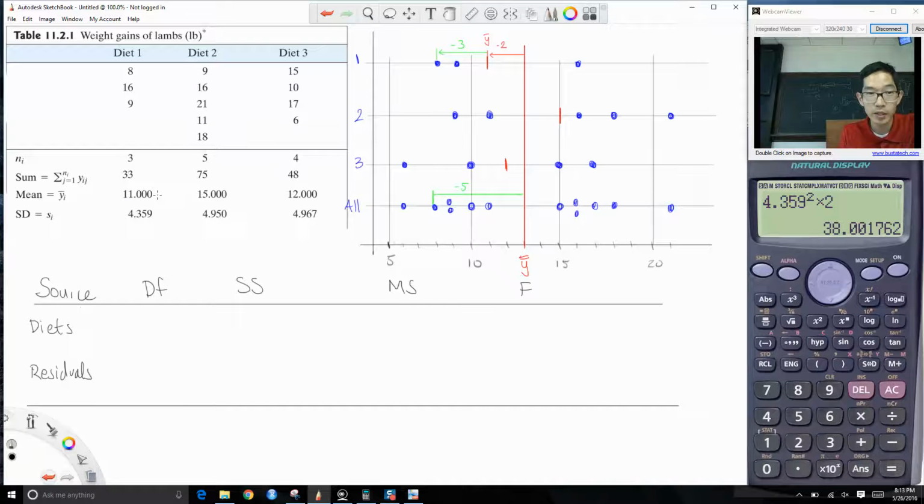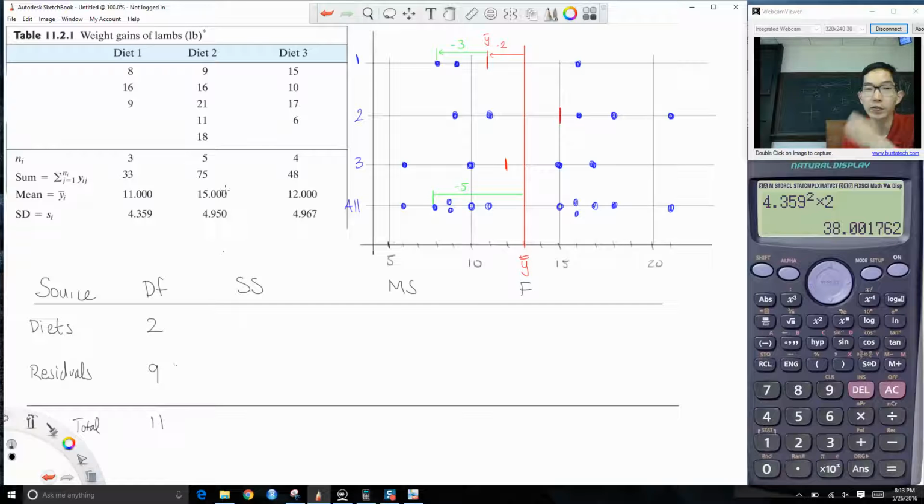We have a total of 3 diets, so we will have 2 degrees of freedom. We have a total of 12 points, so we have 11 degrees of freedom total, which leaves us 9 degrees of freedom available for the residuals.